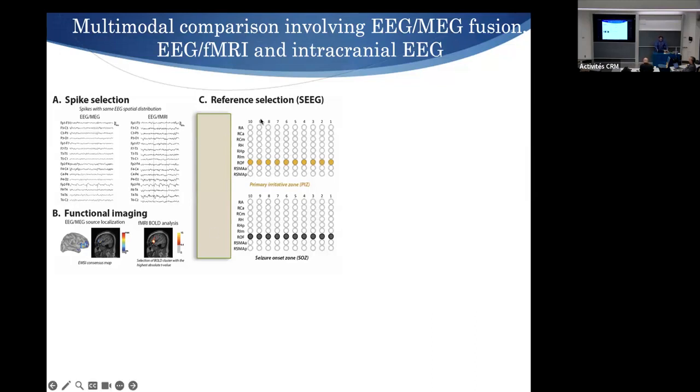So this is a schematic representation of the implantation. So you have the different electrodes, so right amygdala, right orbitofrontal, and so on, and all the contacts. The standard in SEEG is that small numbers indicate deep contacts and then more lateral contacts. And here we defined in orange the primary irritative zone and the seizure-onset zone in black.